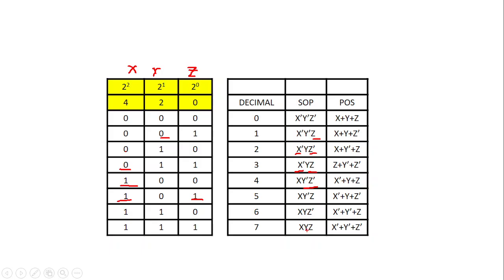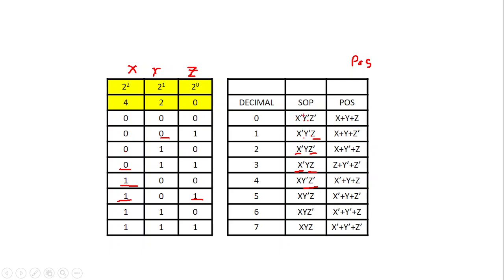What about the product of sum terms? What is the POS term? It's exactly opposite of the sum of product terms. Remember, in sum of product you are multiplying, so this is the product term. Here, product of sum, this is the sum term. Exactly opposite.